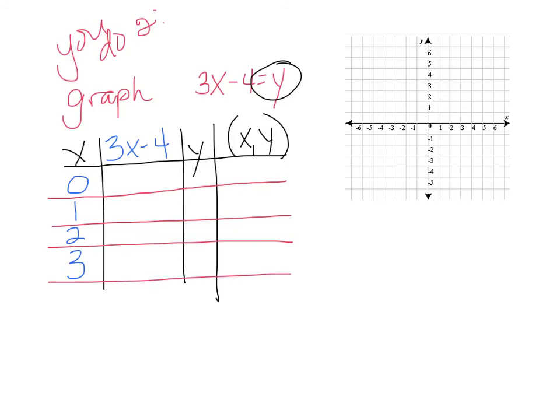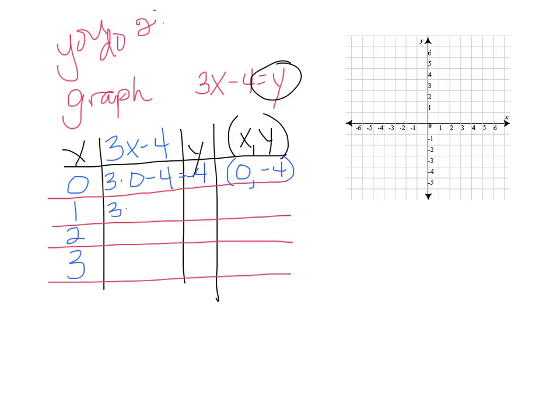So when x is 0, then I will put 3 times 0 minus 4 equals, 3 times 0 is 0. I have $0 in my pocket, and I owe $4. So I have $0 and I owe $4. I am still going to owe $4. So when x is 0, y is negative 4.